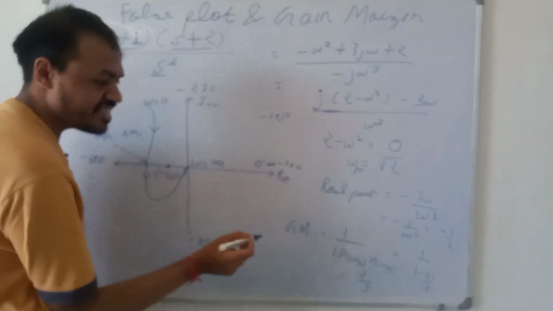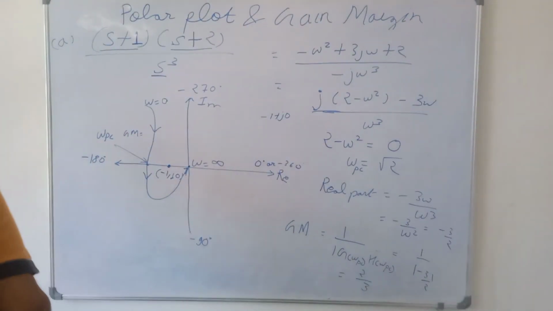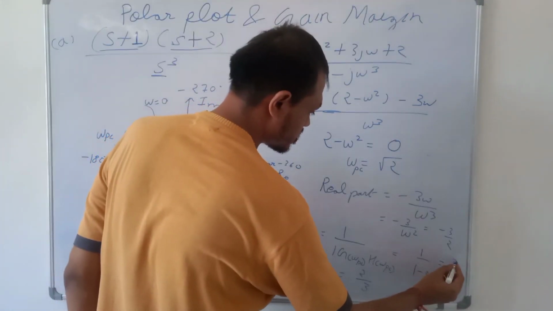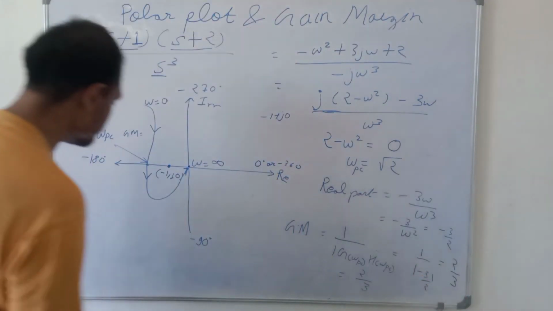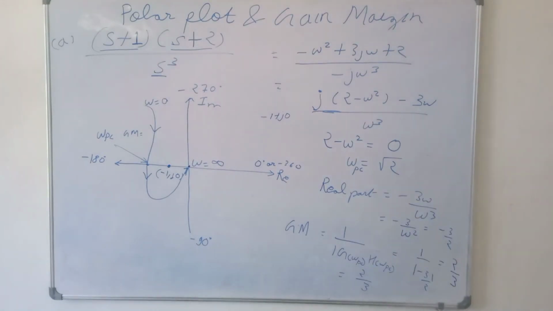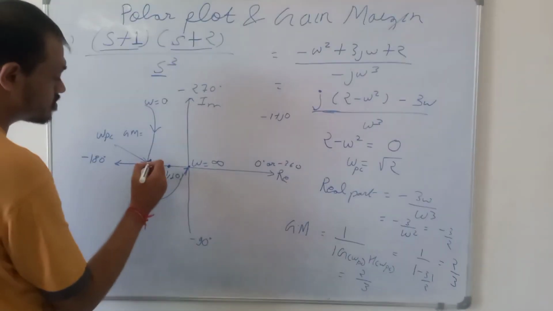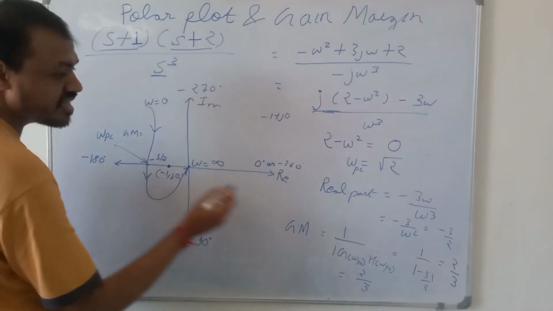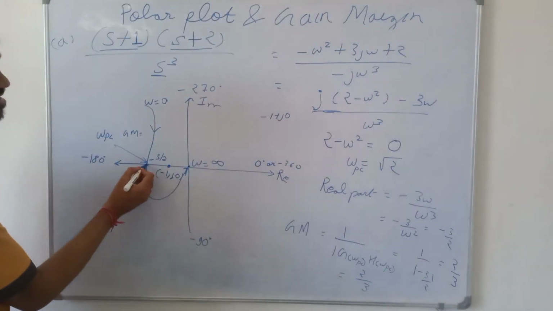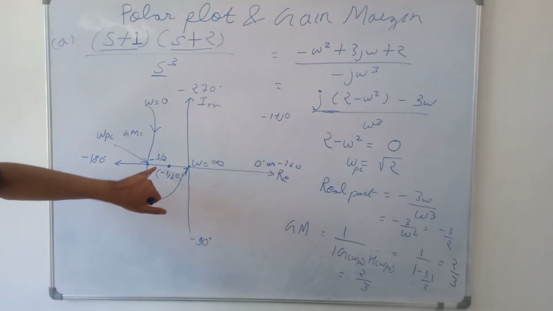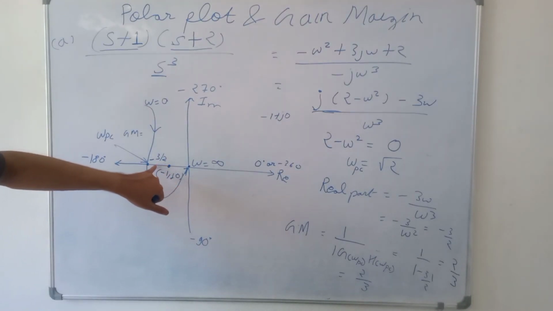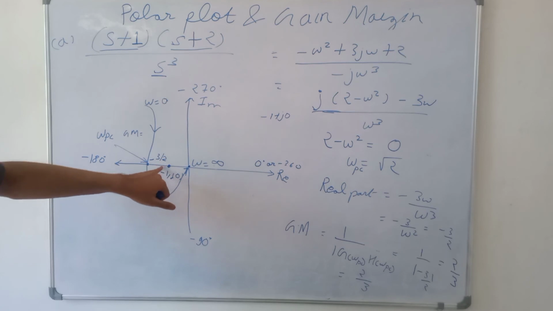So this value is minus 3 by 2. The real part is minus 3 by 2. And we can see that it is outside the critical point. So the system is unstable.